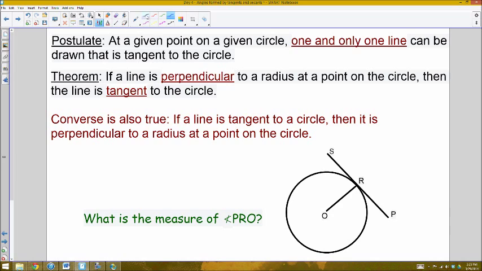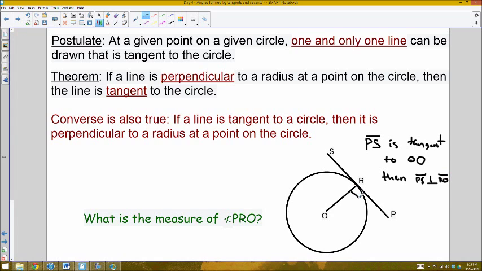So what that means is, in the context of my diagram, that if I know PS is a tangent line, so PS is tangent to circle O, then it must be true that line PS is perpendicular to the radius RO.